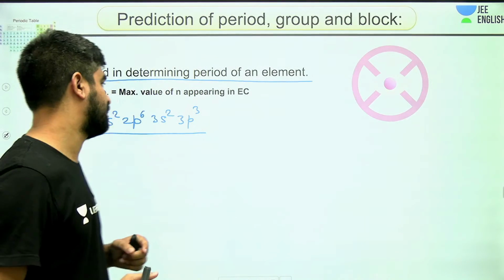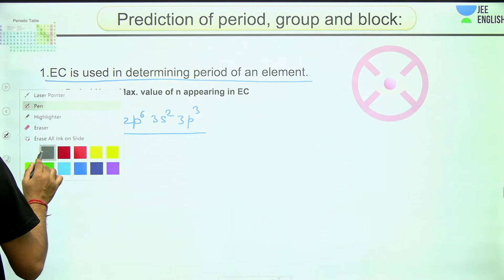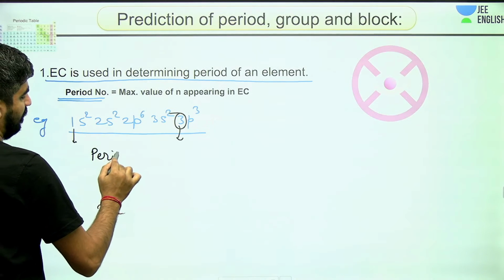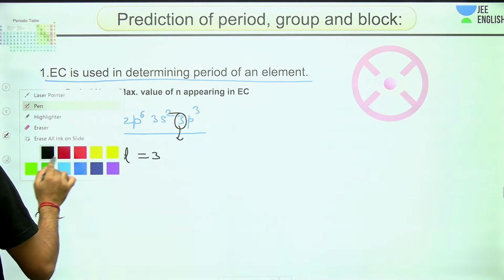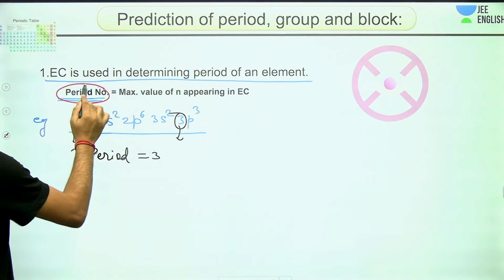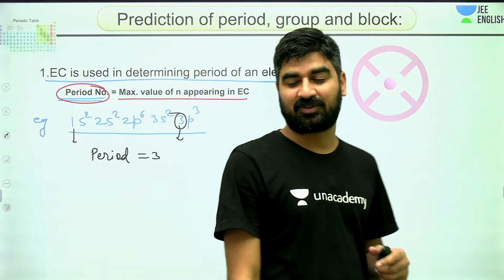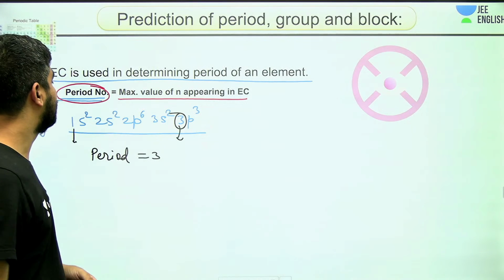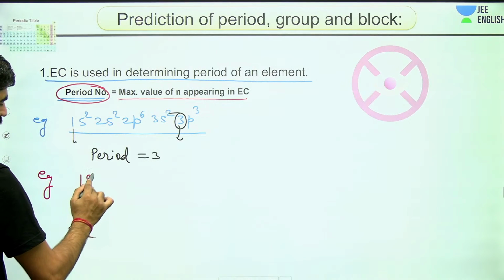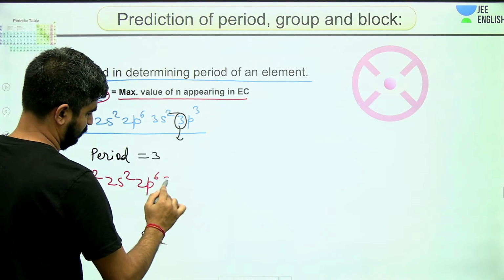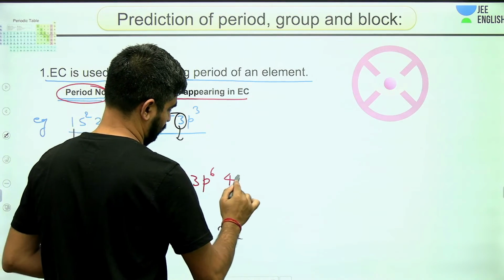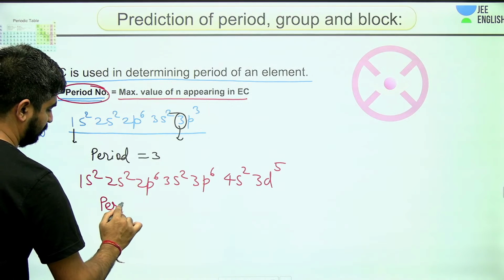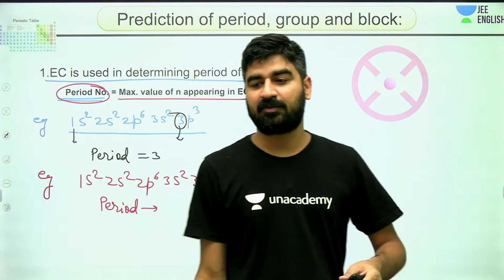In this configuration, the maximum value of n is 3, so its period will be 3, right? So the period number is the maximum value of n appearing in the electronic configuration. Similarly, if I give you something like this, can you tell me the period number? Be fast, guys.